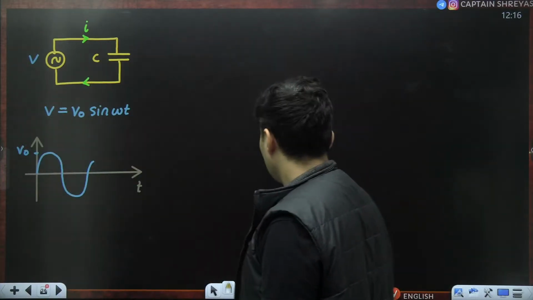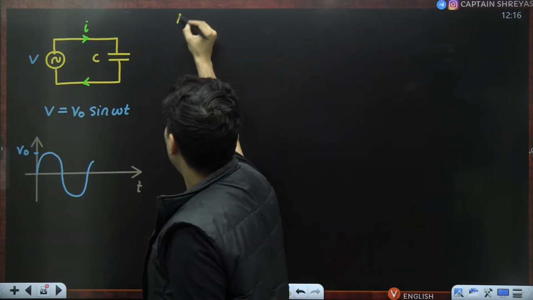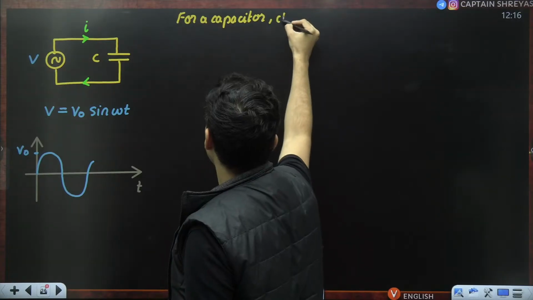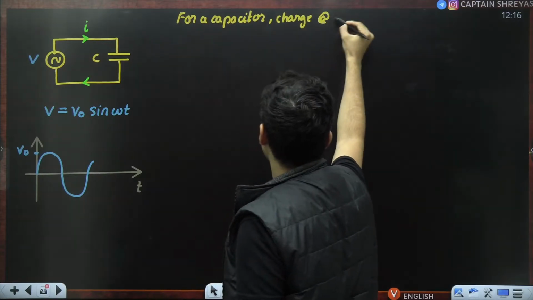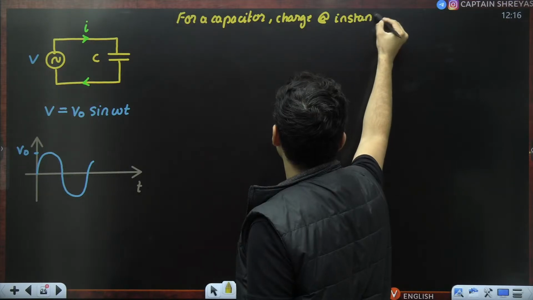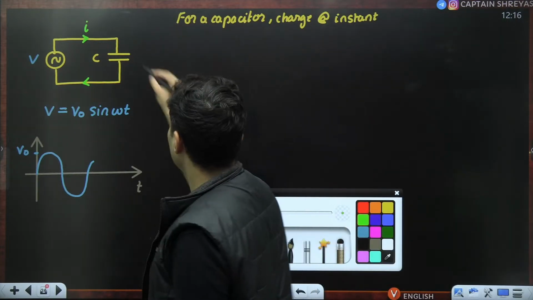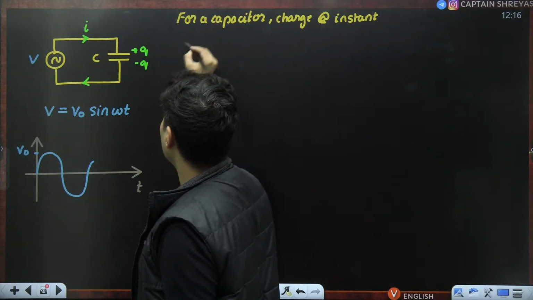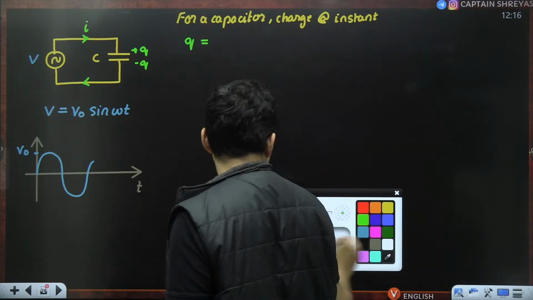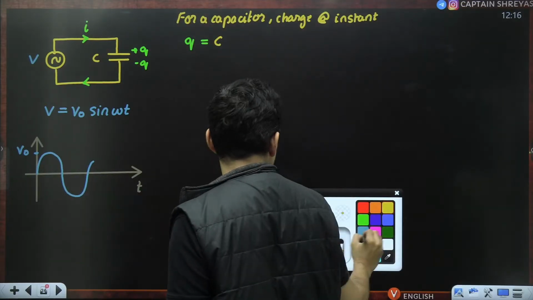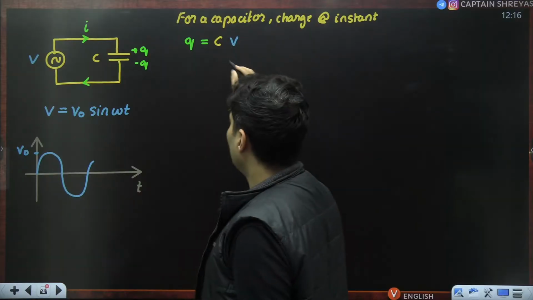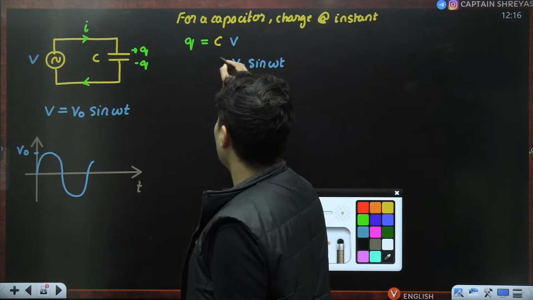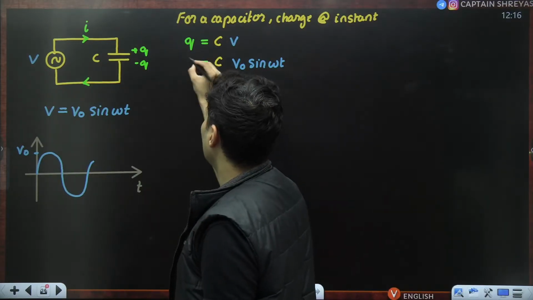We all know that for a capacitor, the charge at any instant, let's say there is some plus q charge over here and some minus q charge over here, will be nothing but the capacitance multiplied by the voltage. But the voltage itself is V0 sine omega t. So I'll put capacitance over here, and this is basically your charge.